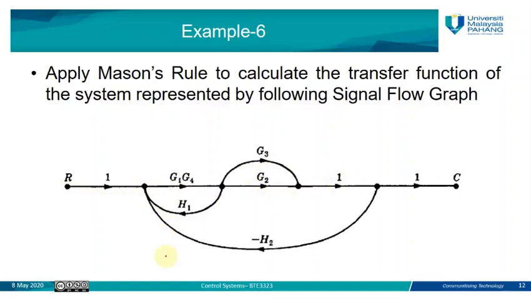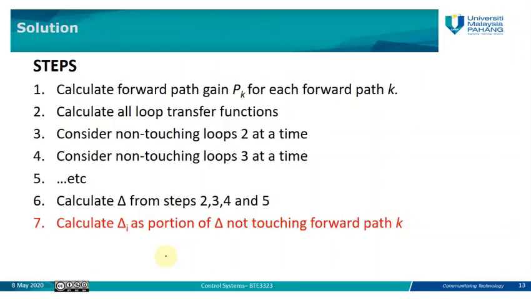There are some steps we need to follow in order to find the overall or equivalent transfer function of this signal flow graph. First, we need to calculate the forward path gain, Tk, for each forward path. Before that, we need to know how many forward paths we have in our signal flow graph: one, two, three, and so on. Then for each forward path, we find its gain.